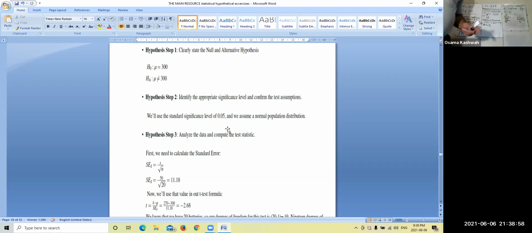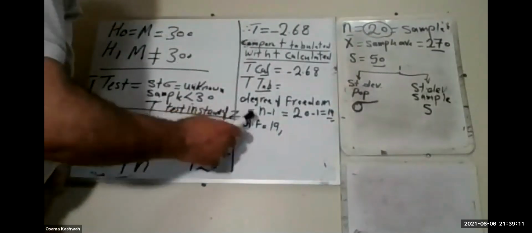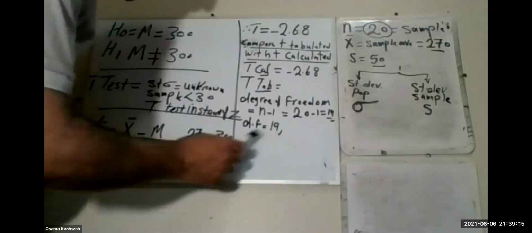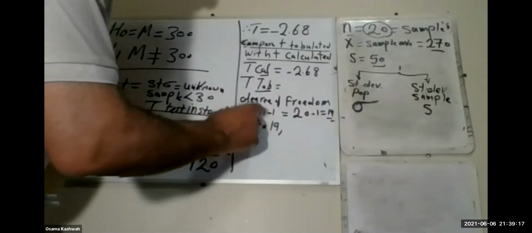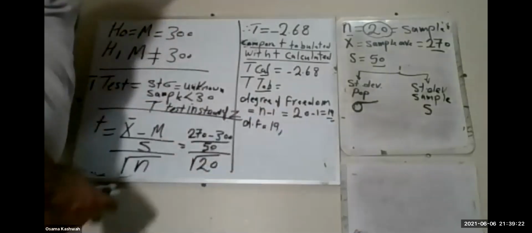So we will look in the T table, where the degree of freedom, DF, is 19. What is the 19? N minus 1. What is the N? N is a sample. Sample minus 1 equals 19.